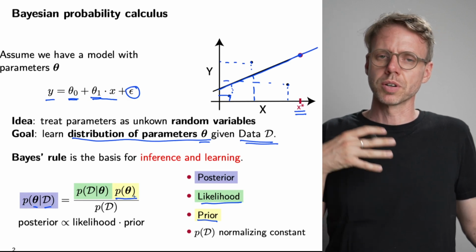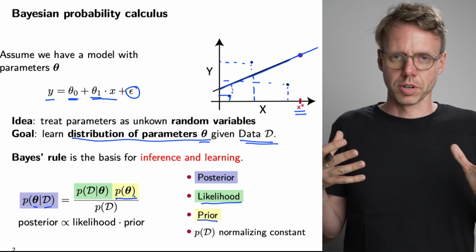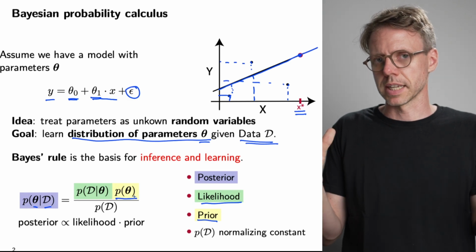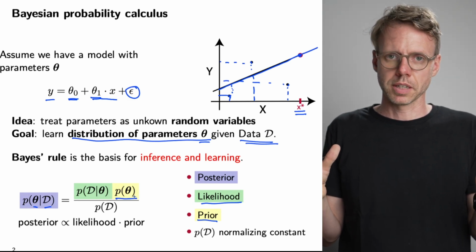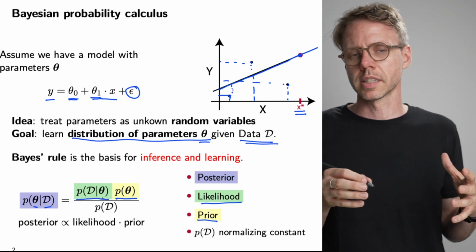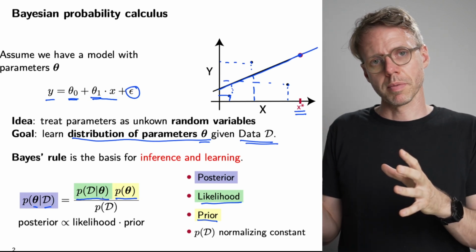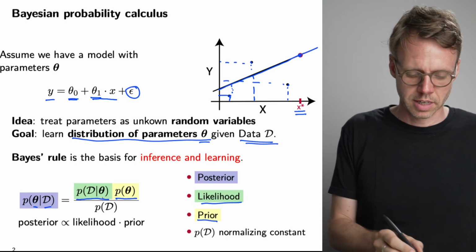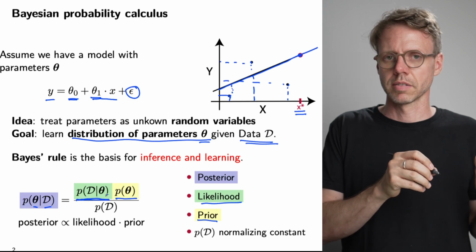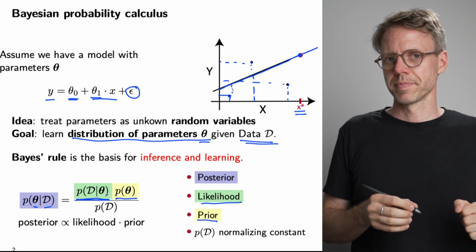So in the prior distribution, we encode our assumptions and our desired properties of the parameters, including, for example, what could be a sensible value range for these parameters. And in the likelihood model, which is the conditional distribution of the data given these parameters that are plugged into our model, we define our assumptions about the data. For example, we could assume that the data is following a normal distribution.